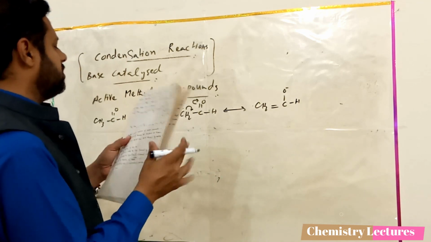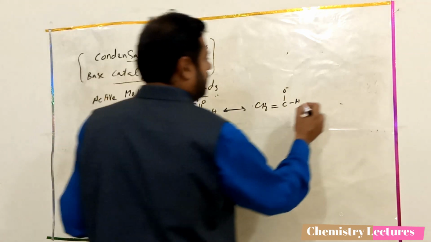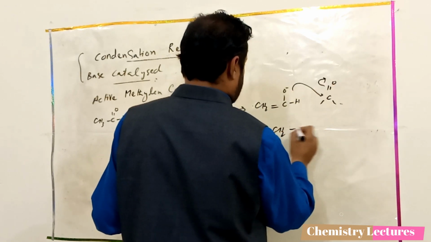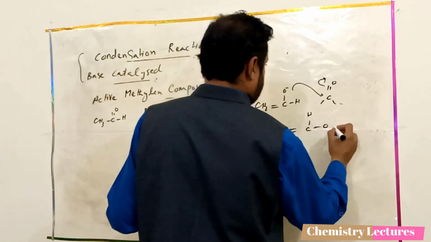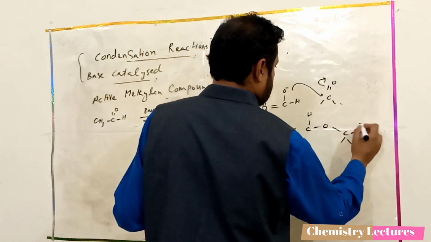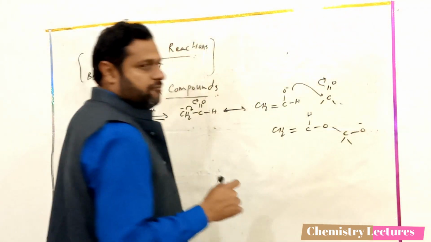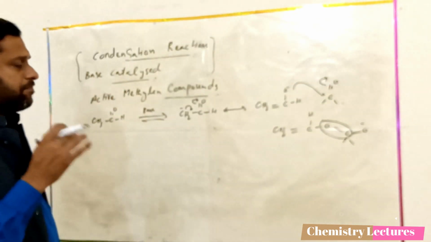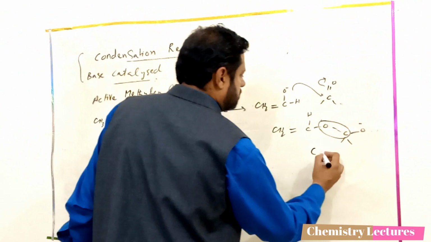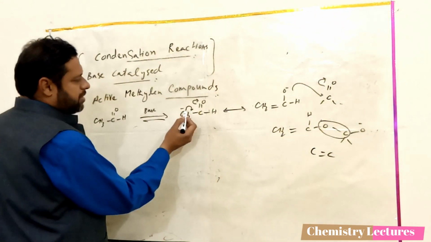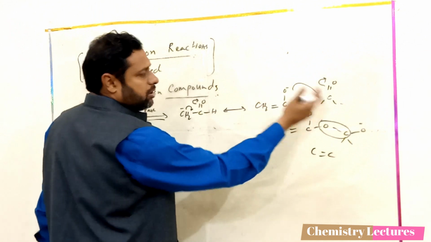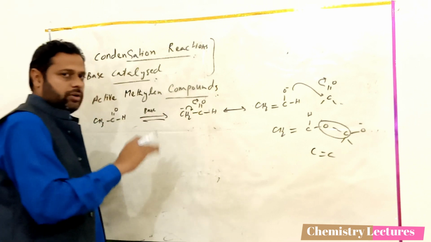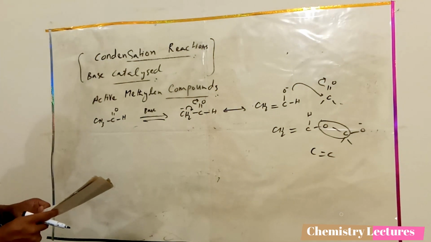When the negative charge comes on this, it can react with an aldehyde group to make a bond. But this type of bond is very weak. Why? Because in this case a carbon-oxygen bond is formed, which is less stable as compared to the C-C bond. So always this carbon will make the bond and oxygen will not make a bond at all. The reactions will take place with the carbon making a bond, so the oxygen-carbon bond will not be formed.